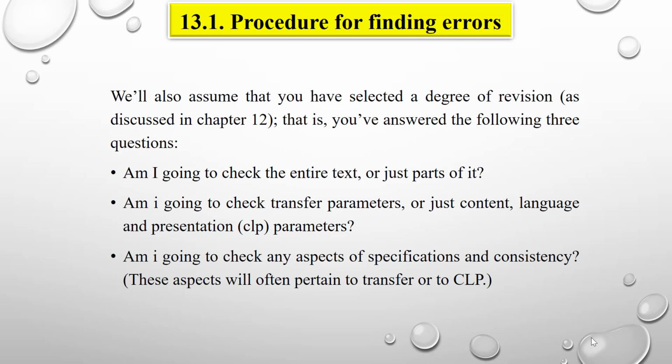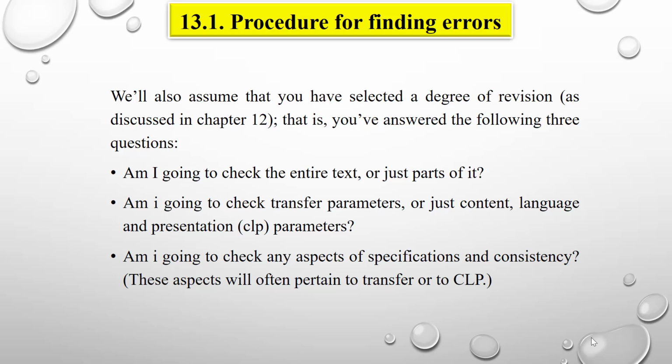We'll assume that if you are revising someone else's work rather than self-revising, you have already determined who the users of the translation will be and what use they will be putting it to. We'll also assume that you have selected a degree of revision. That is, you will answer the following 3 questions.